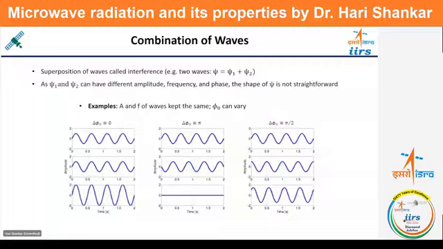Whatever the phase difference between the signals is, that will decide the strength of the final signal. So there are a number of types of interference between constructive and destructive interference, but generally we know constructive and destructive interference.